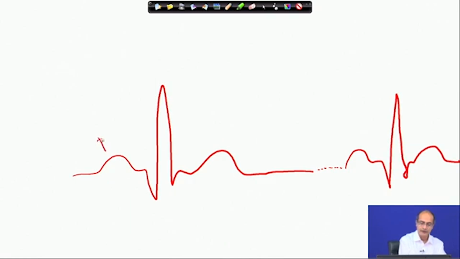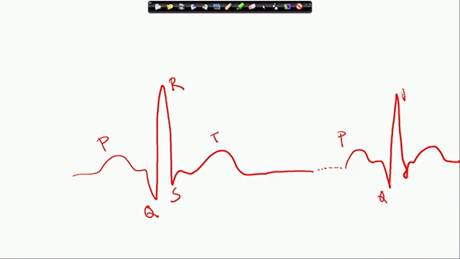Here is a P wave, here it is Q, R, S and T, then after a long gap again it repeats P, Q, R, S and T. Now, the most prominent and unique point here is this R. So, we can take one cycle from here to here, another cycle from here to here.